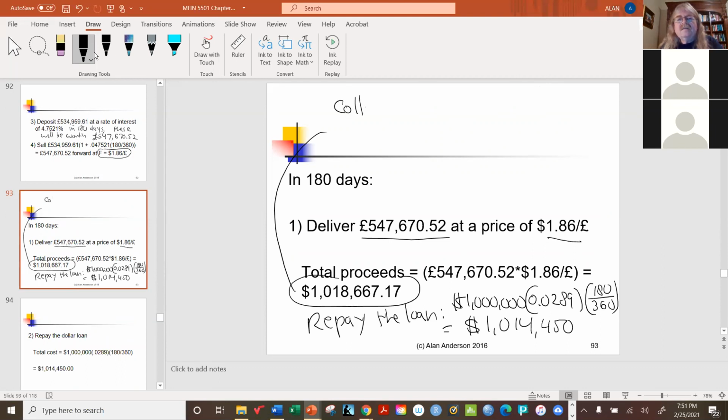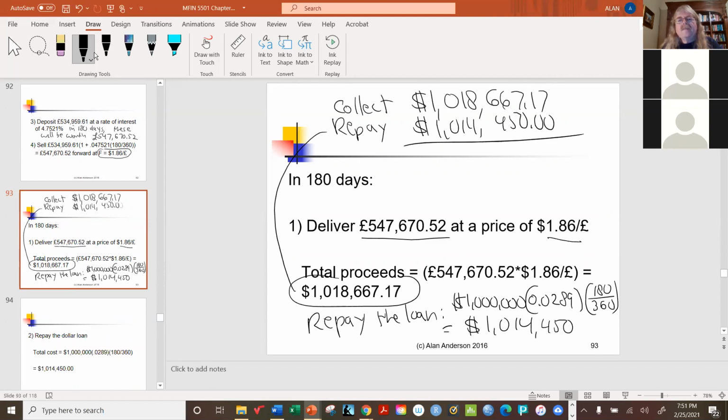So we collect 1,018,667.17, and we repay 1,014,450, and so our profit is 4,217.17. Not bad. And this is a risk-free profit that did not involve any of our own money. And this is what we mean by arbitrage.